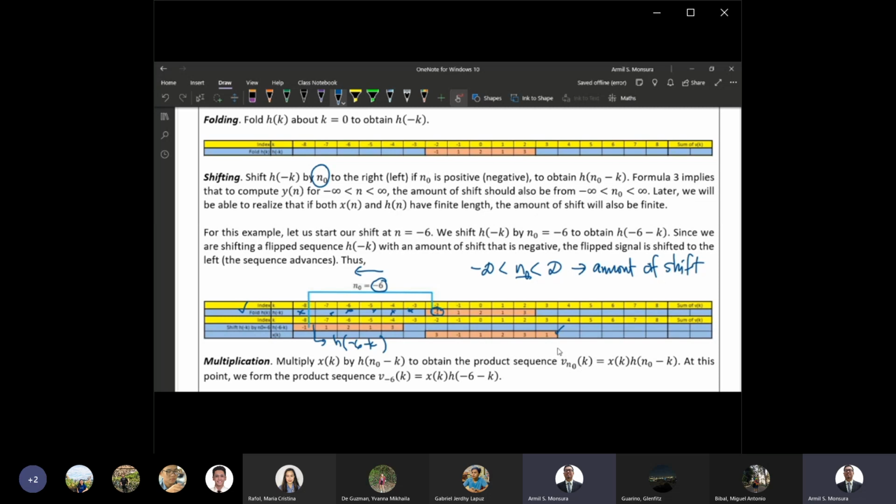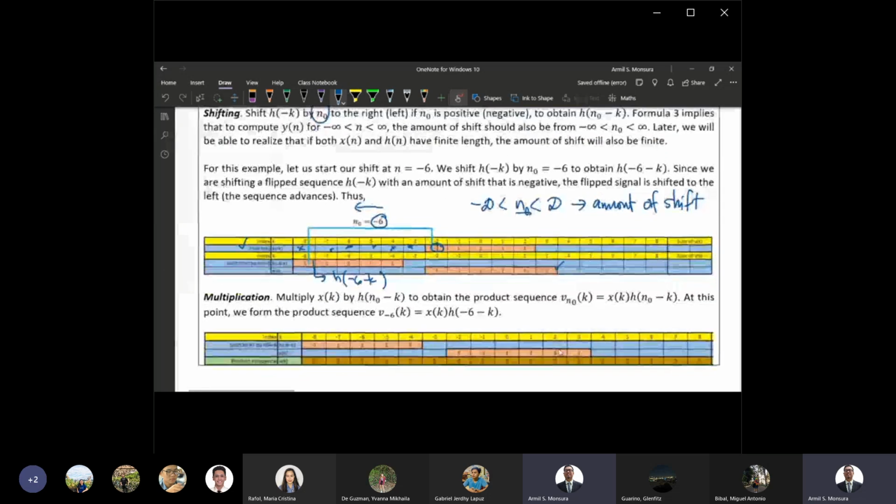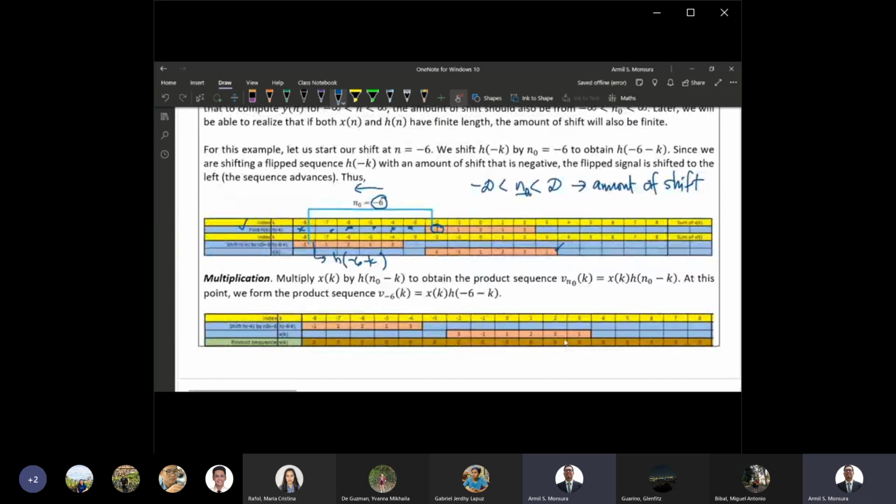The third part is multiplication. Now what we will do is multiply the shifted folded h, which is this one, and the x of k, which is this one.